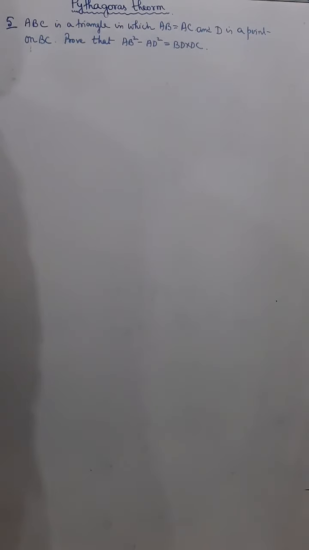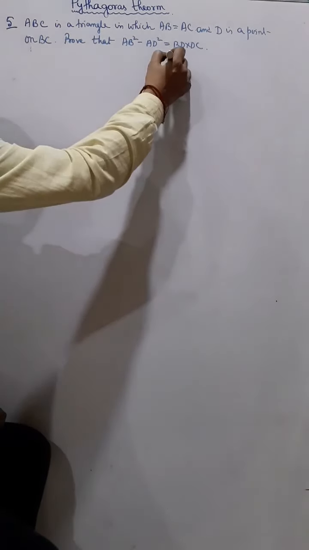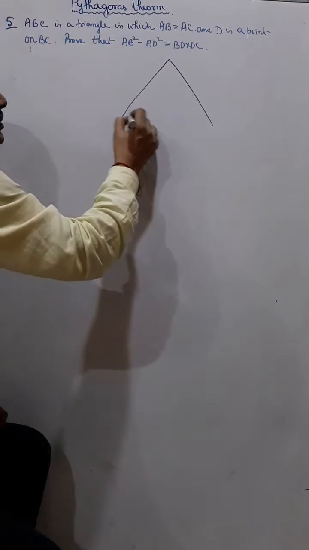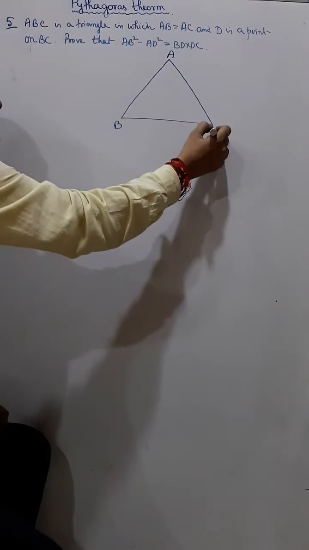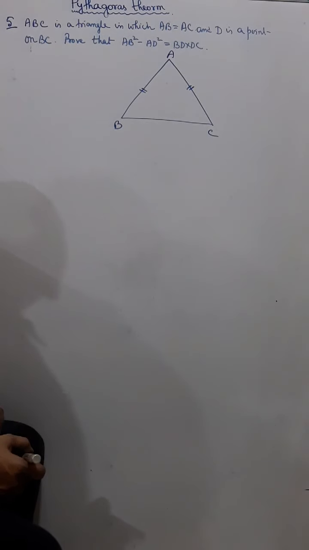Okay, now in this sum they told ABC is a triangle in which AB equals to AC, and D is a point on BC.